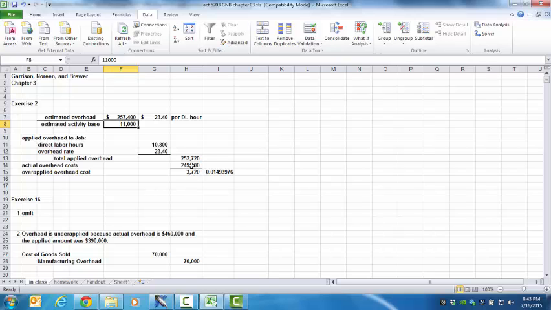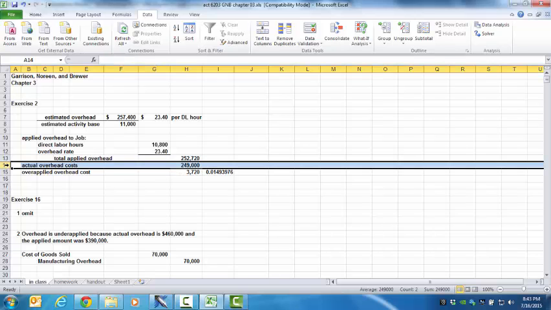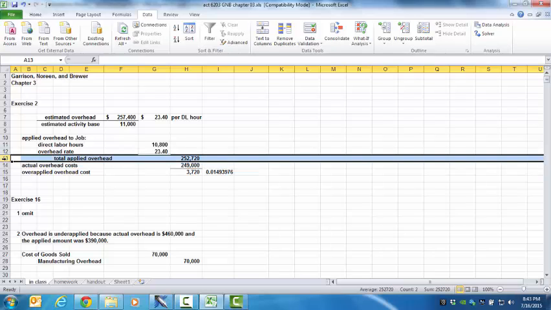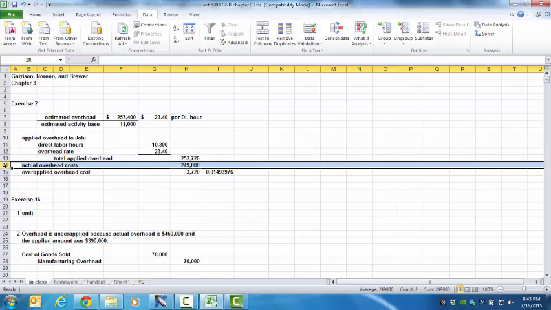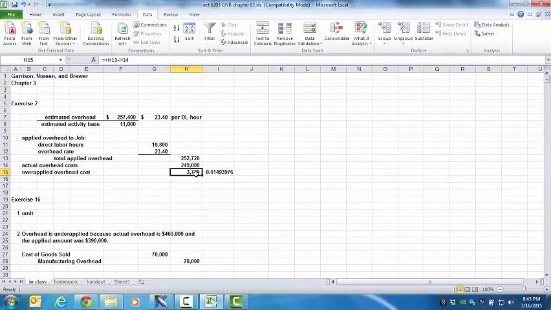Now, the cost here of over, or even if it were underapplied, we have to deal with it. When everything is said and done, you can only account for the actual amounts, not the estimate. The estimate is just a means to an end. It helps you throughout the year, and at the end of the year, the end of the quarter, the end of the period, you do have to deal with the actual cost. So there are two schools of thought of how you get rid of this variance.